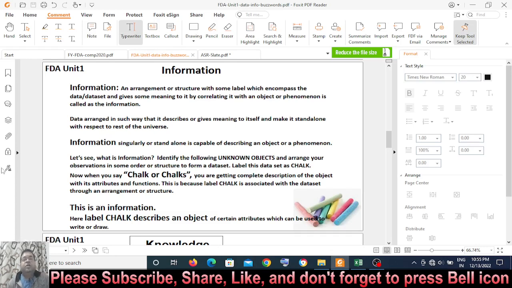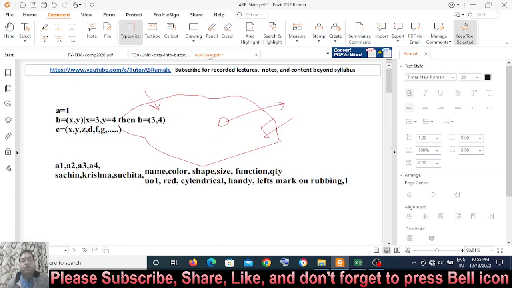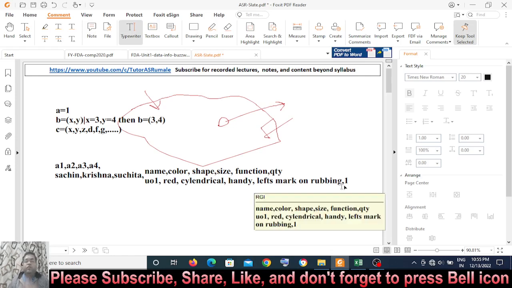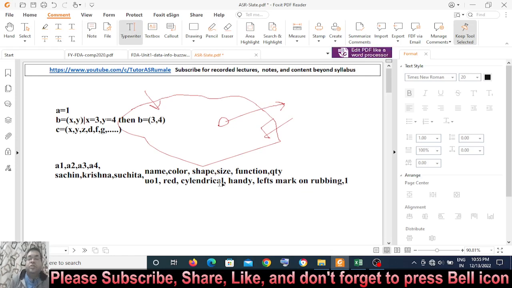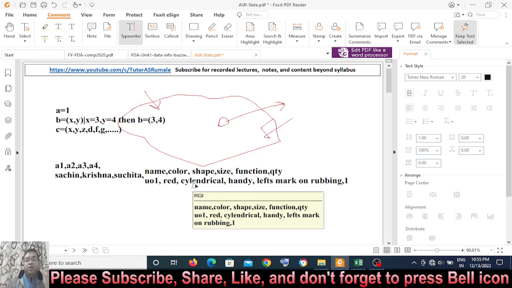Now let's try to understand this. Let's go to our data here. We have name, color, shape, size, function, and quantity. For the name we say unknown object 1, color is red, shape is cylindrical, size is handy, function is that it leaves marks on rubbing, and quantity is 1. Now we want to give some name or type to this thing.